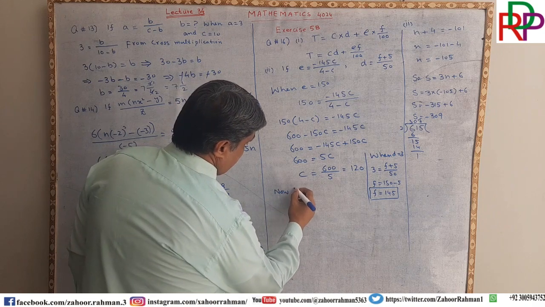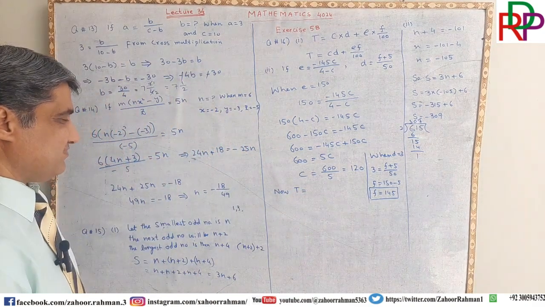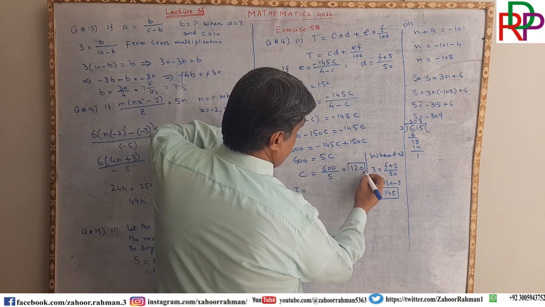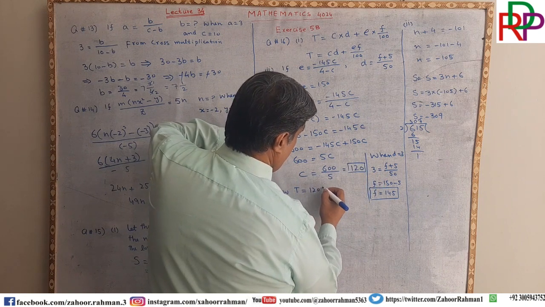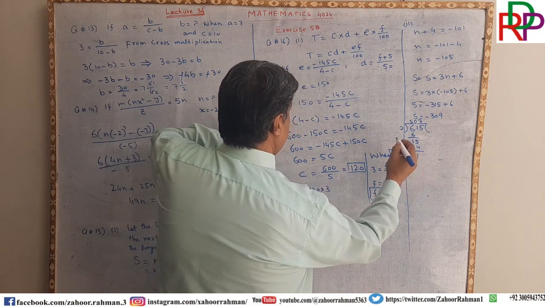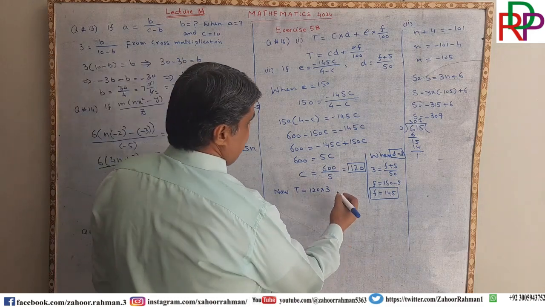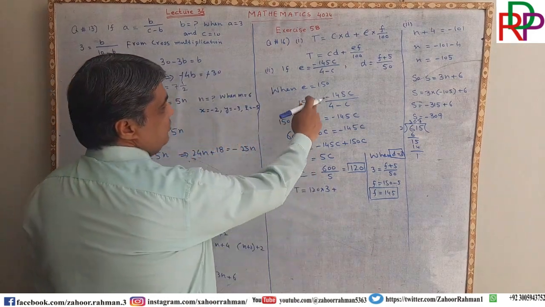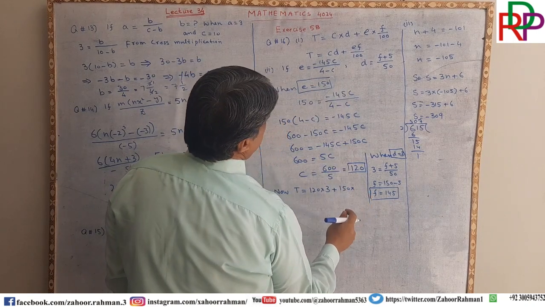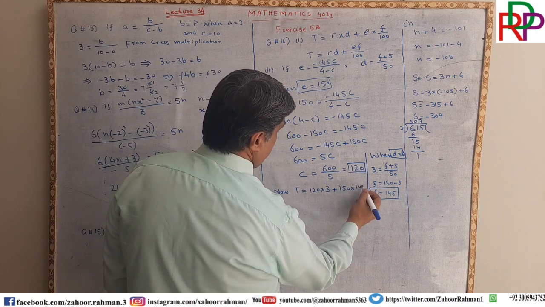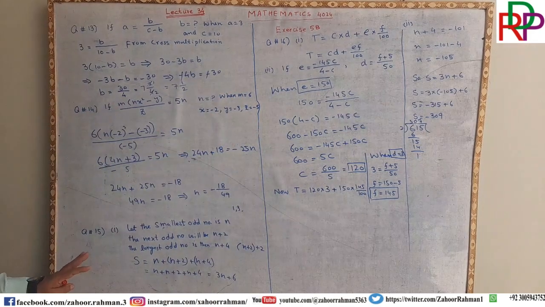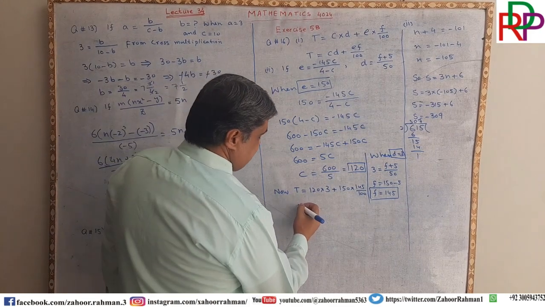Now t is equal to the c value we found, 120, so we put 120, and the d value is 3, which is given to us from here, and then plus the e value from here, 150, multiplied by the f value we found, 145, and then we will write this 100. So all the values are there, we inserted them.